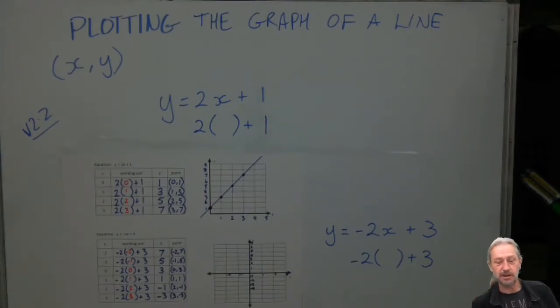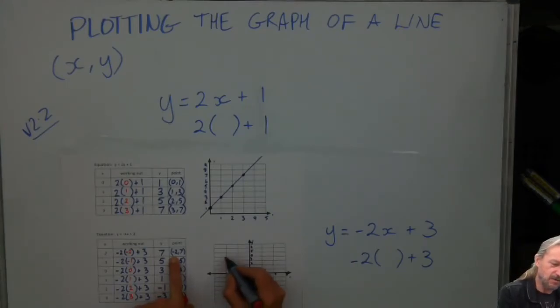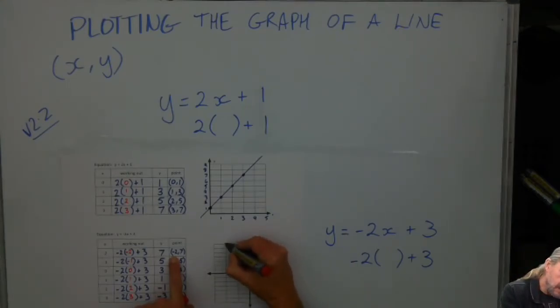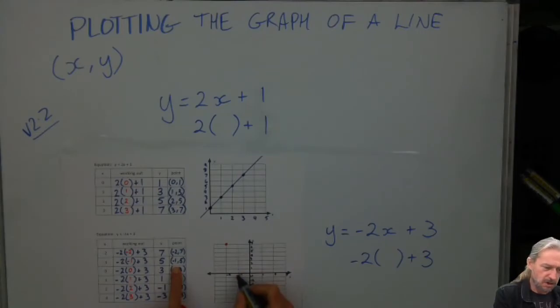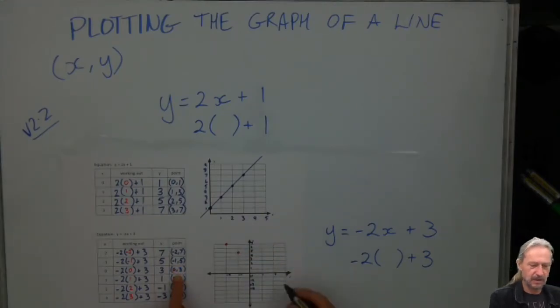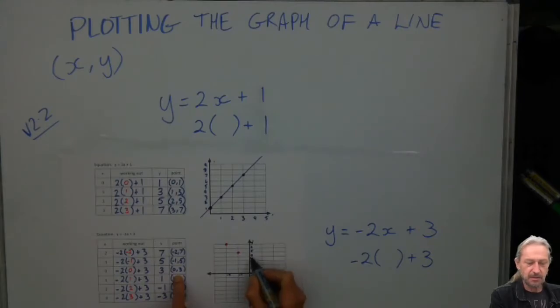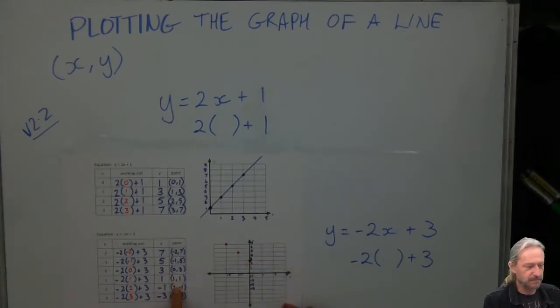Okay, so I might plot these ones in red. Our first point, -2: we go 1, 2 in the negative direction, and then up 7. 1, 2, 3, 4, 5, 6, 7. So our first point is there. Our next point, -1 in the x direction and up 1, 2, 3, 4, 5 is there. 0 in the x direction, so we're on the y-axis, and we go up to 3.